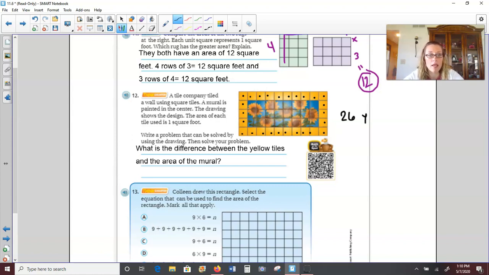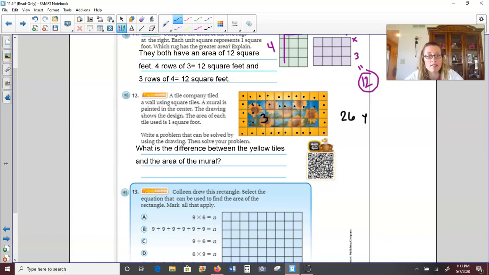And now we can calculate the area of the mural inside. And for this, I could use length times width. So let's count how many are in each row. 1, 2, 3, 4, 5, 6, 7, 8. And how many rows are there? 1, 2, 3. So there are 3 rows of 8.